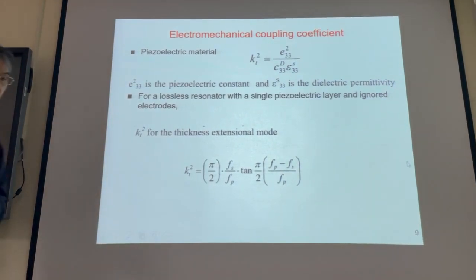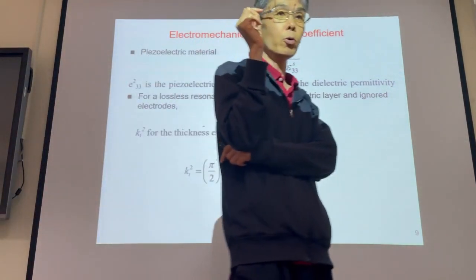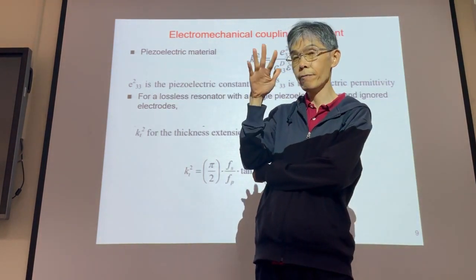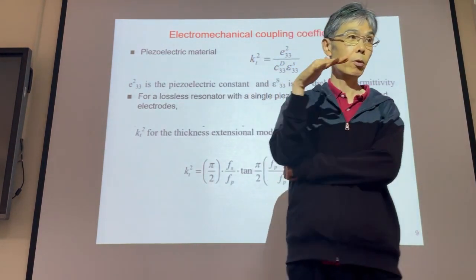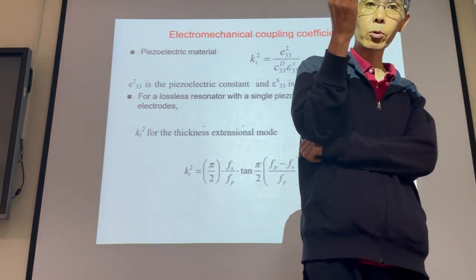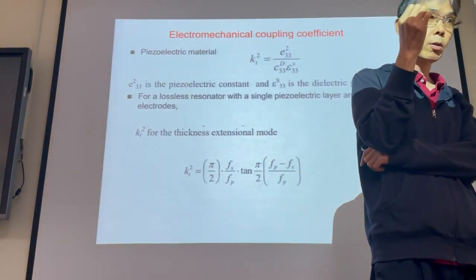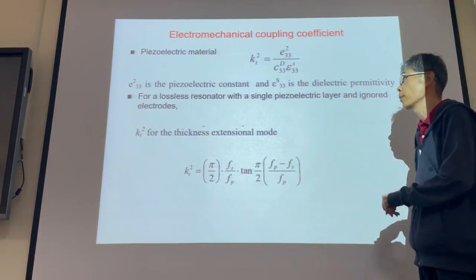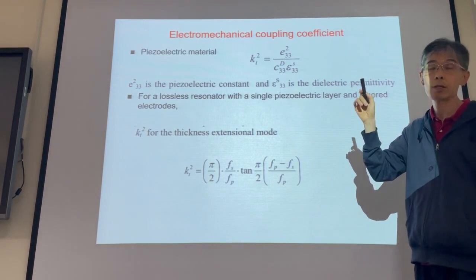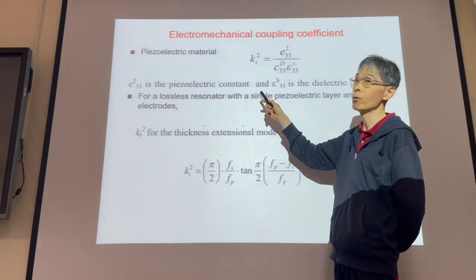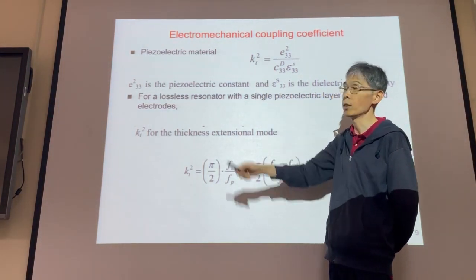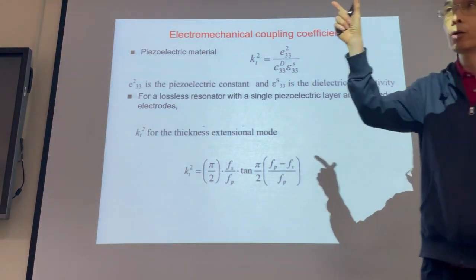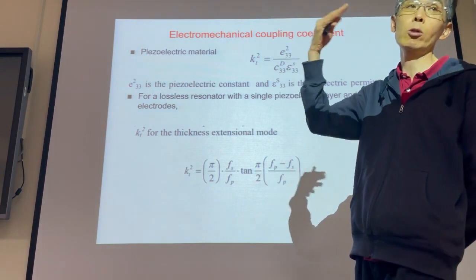For piezoelectric material, if you input AC power, it will generate AC vibration. So it has electromechanical conversion power, piezoelectric material. And we have a metric, a measure, kt squared, the ratio between mechanical energy and electrical energy.